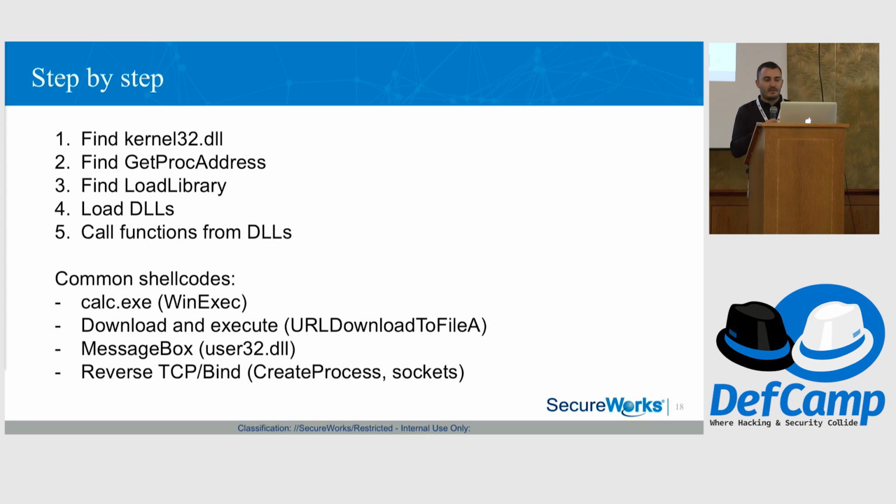A message box is a function exported from user32.dll, and reverse TCP or bind TCP work with sockets. They create a socket, connect back or listen on a specific port, then use CreateProcess and pass the sockets as parameters, so you are able to control the data that goes in and out of the process, which is cmd.exe. So you have a remote shell.